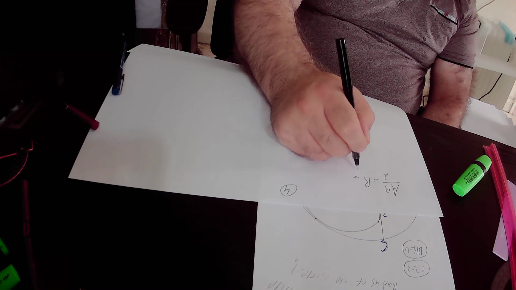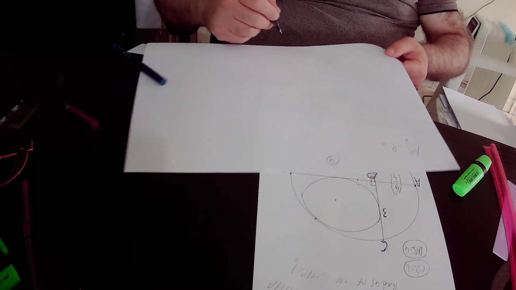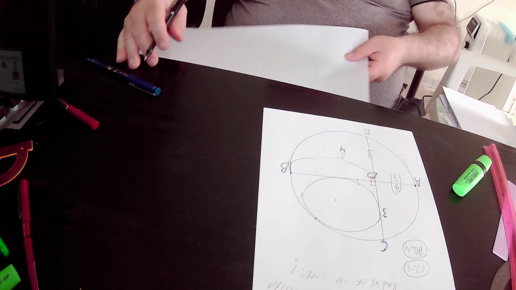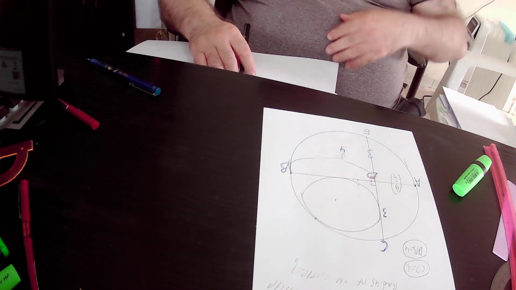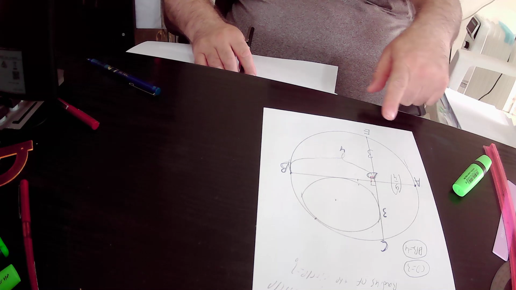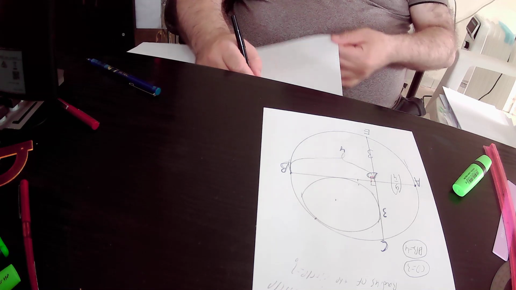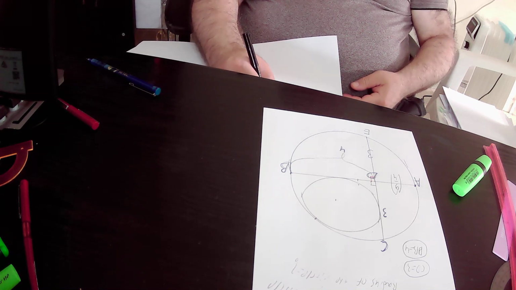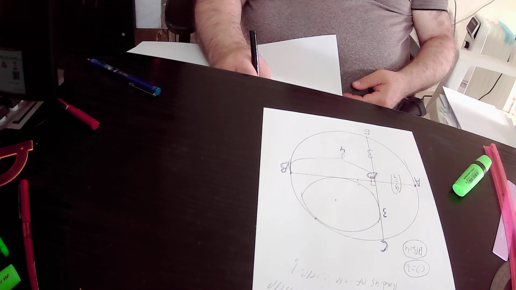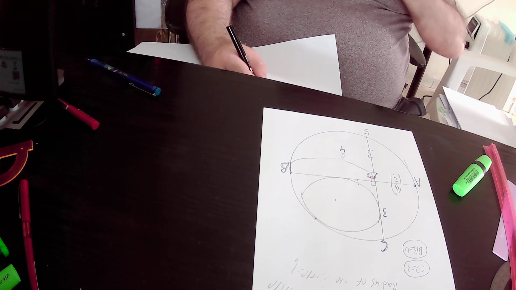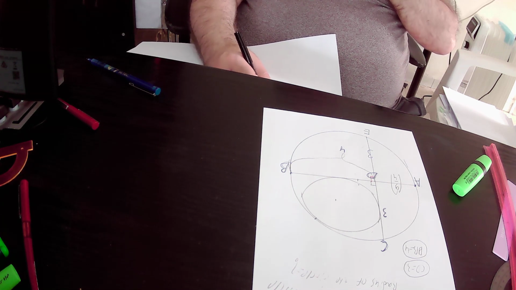So R equals AB over 2. And what is the value of AB? From the drawing, it is very easy to see that AB equals AD plus DB, all divided by 2.